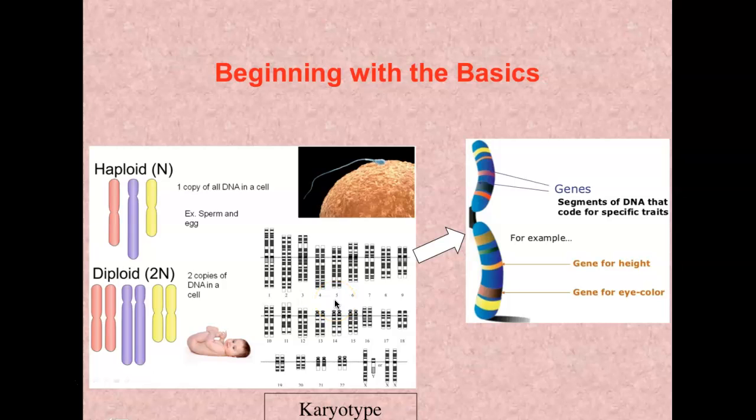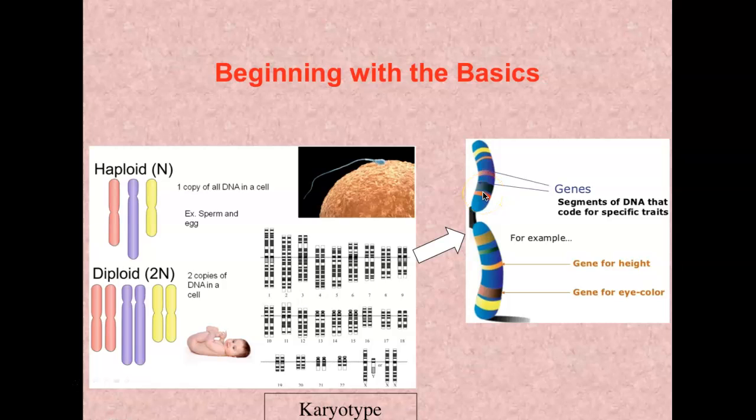But what I really want to discuss are these little dashed lines within the chromosomes. Those little dashed lines are called genes. Genes are segments of DNA that code for specific traits. For example, if you look at this single chromosome right here, you see all these different lines within it, and those lines are your genes.